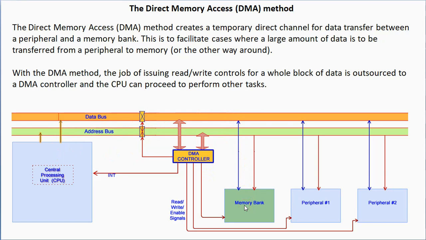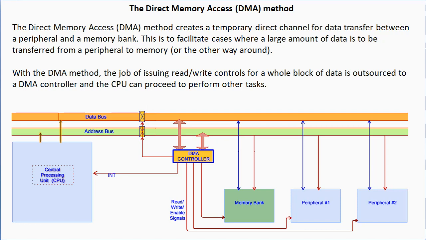Or, if it's the other way around, it will read data from the memory bank into its accumulator and then pass it on to the peripheral. So the CPU acts as an intermediary buffer, but otherwise does not do anything very useful. It is simply wasting its time just reading stuff from memory or peripheral and then passing it back straight away.